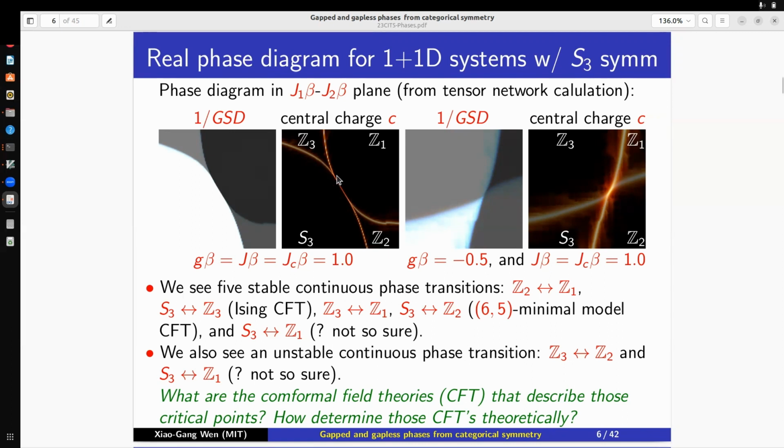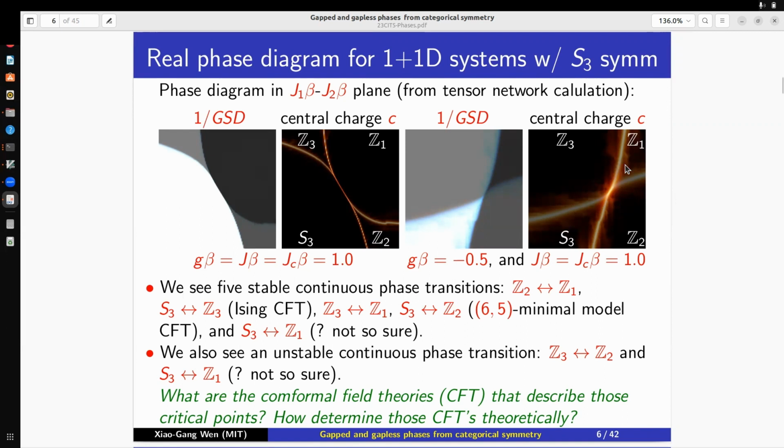Okay, so this is one possible phase diagram. But if you change the parameter, like you change this g to be minus 0.5, with the other J and Jc still equal to 1, then the phase diagram changes. Then we have a similar one because it's controlled by J1, J2, by this Ising order parameter and Z3 order parameter.